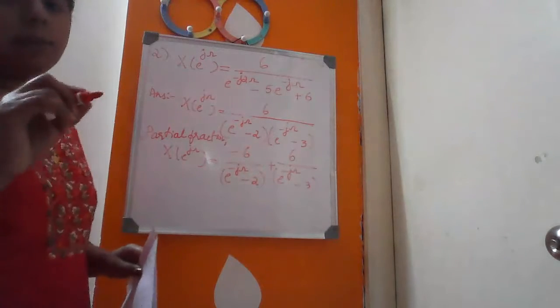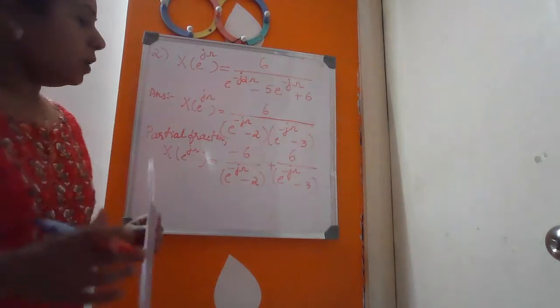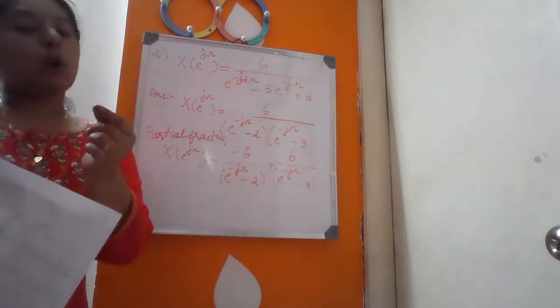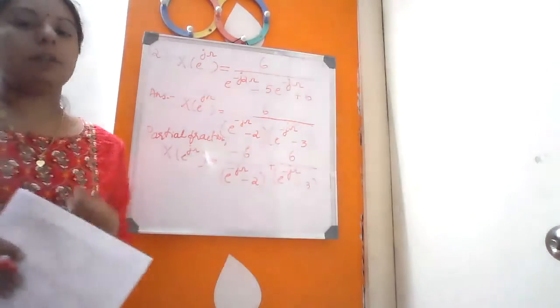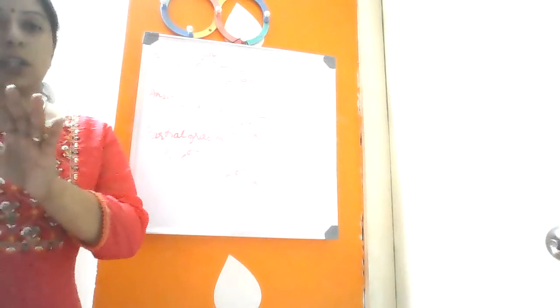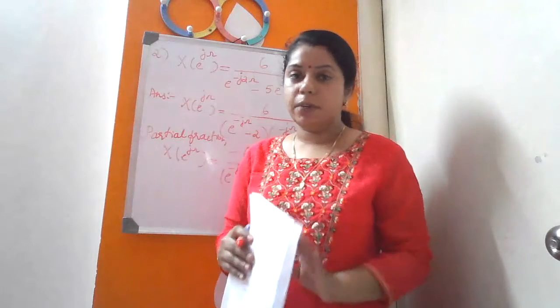So after partial fraction, I am getting it like this. Now you can see that I actually need it as 1 by 1 minus alpha e power minus j omega. Now my given equation, or whatever equation I got, is not in the form of 1 by 1 minus alpha e power minus j omega.